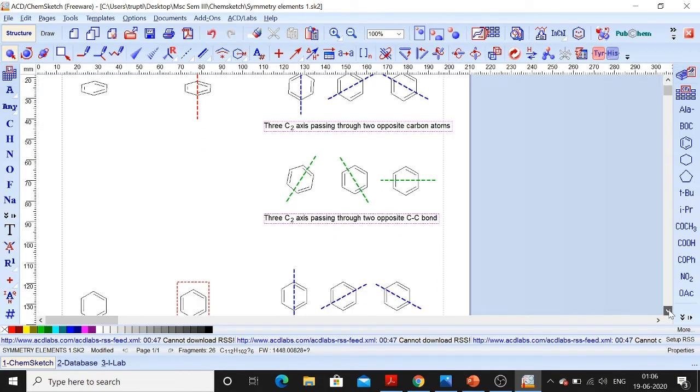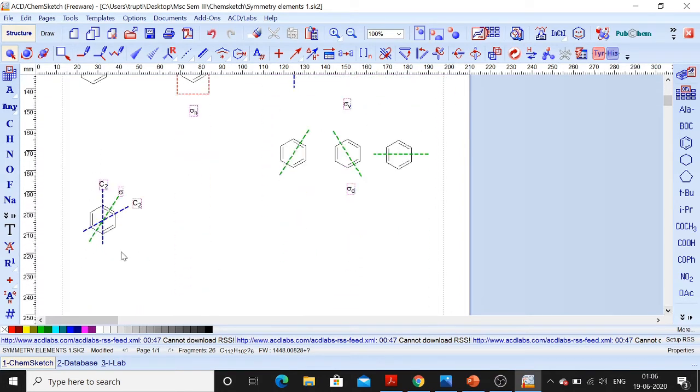So now, if I come back here, this is sigma and these are two C2. Now these C2 axes are the principal ones, the more important ones. Now you can imagine this sigma is dividing the angle between these two C2.